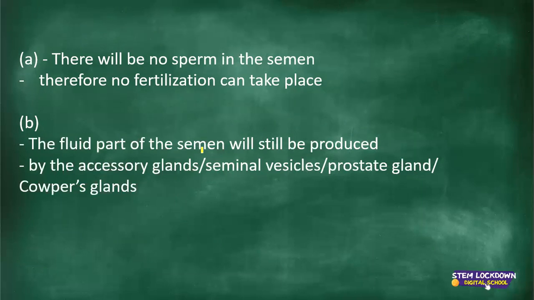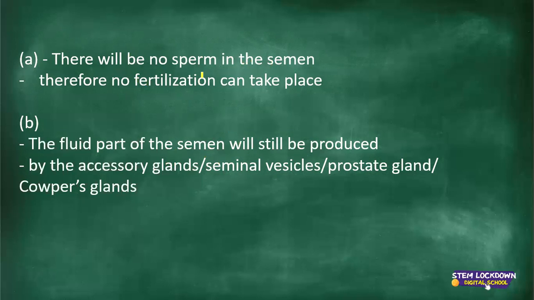But the difference is that the semen now has no sperm, as we've stated here in A. There will be no sperm in the semen. So the semen will still be there, except it will be missing the part that is required for fertilization, which is the sperm.